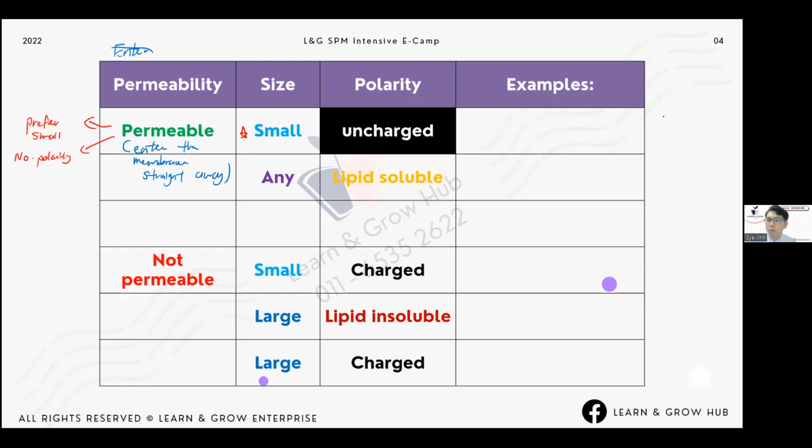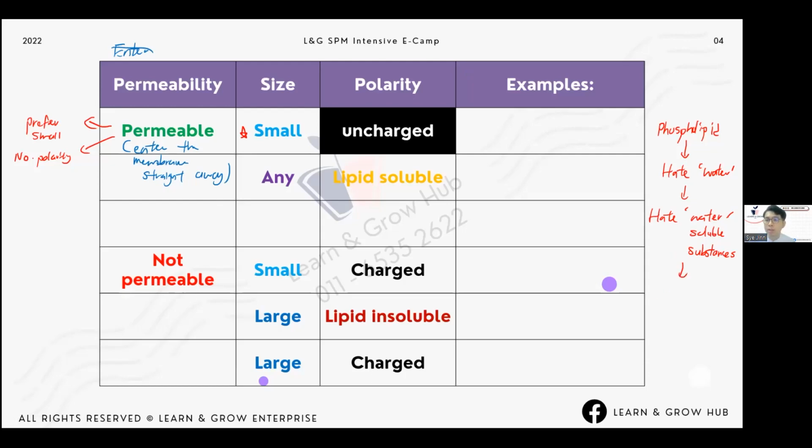This is because we have the phospholipid in the plasma membrane. But the phospholipid hates water. Let me do some reasoning for you. They hate water, which means they hate the water soluble substance.